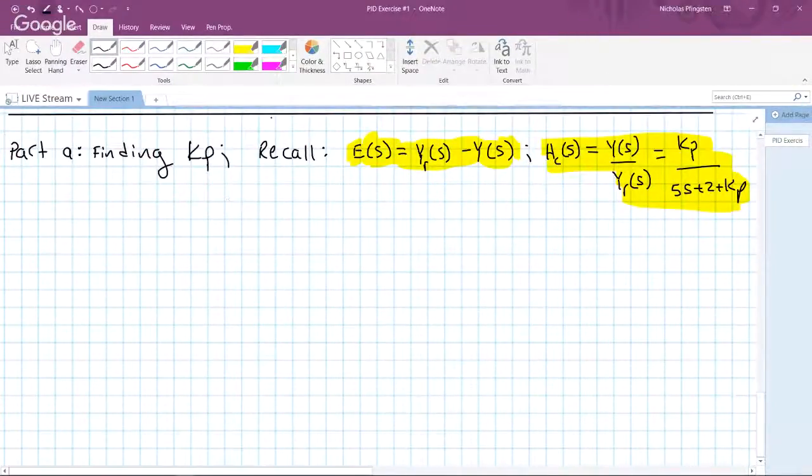So the question is, we're going to recall the final value theorem. It's simply just this, and I'm only writing the left side just because the professor kind of does that. I really don't like it.